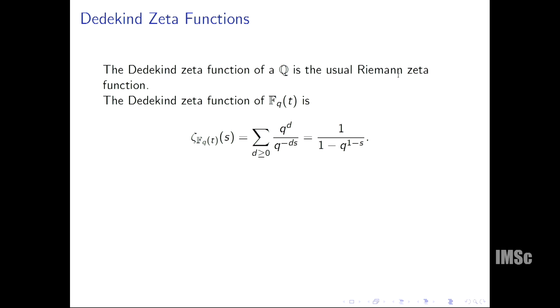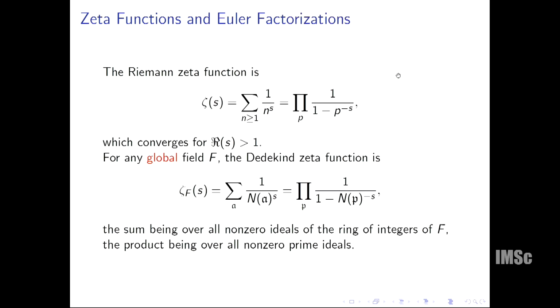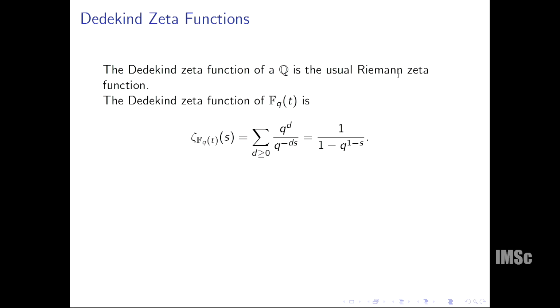They all have zeta functions, and this one is also very easy to compute. If you try to compute the zeta function of F_q(t), the zeta function has a sum over all non-zero ideals in the ring of integers, whatever that means. But here, these are rational functions, so there's an analogy between integers and polynomials.